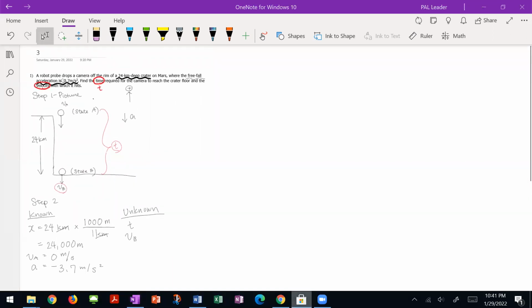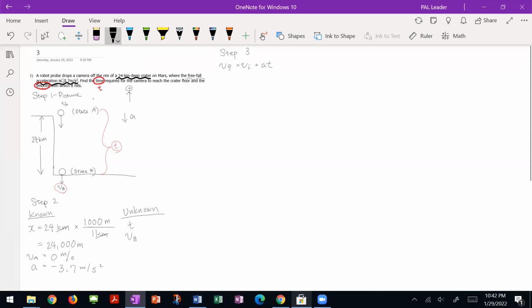Now step 3. Step 3 would be identifying which equations are relevant to our problem. Our first equation, which you can look at on your equation sheet, is V final equals V initial plus AT.